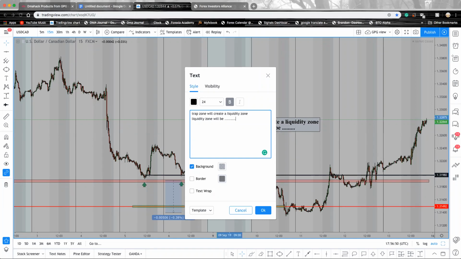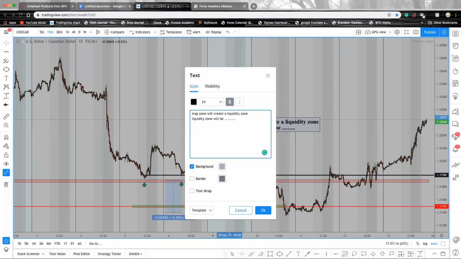Not created. Not filled with orders, that's kind of right. Not take profit. Retail traders' stop loss, this is what you guys are saying. The liquidity zone is the stop loss of retail traders.